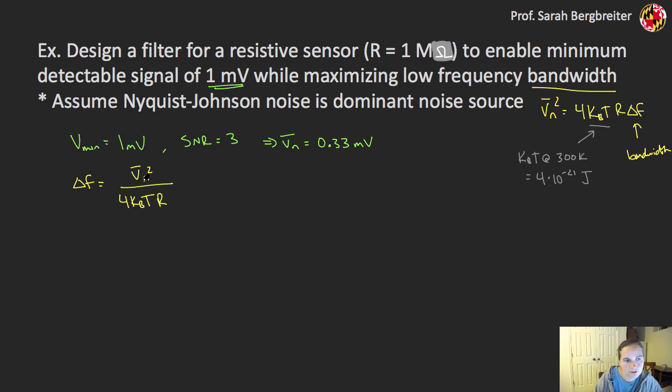Now I have delta F is going to be equal to that RMS noise squared divided by 4 kBT R. So in this case, this is going to be 0.33 millivolt squared divided by 4 times 10 to the minus 21 joules times 10 to the 6 ohms. This is going to be approximately equal to 6.6 megahertz.